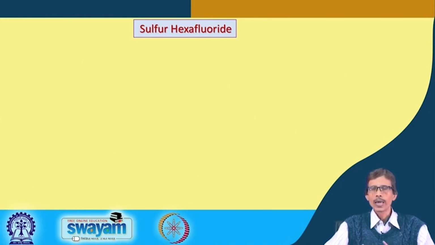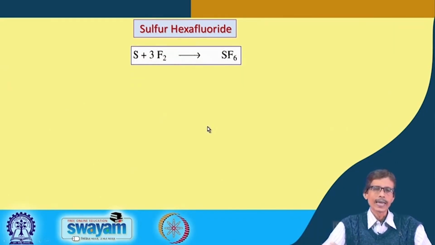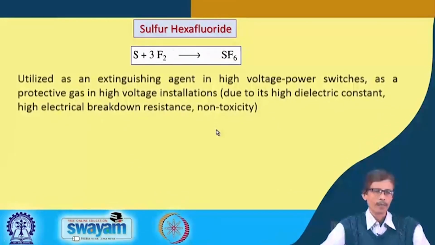It is also an important compound based on sulfur, but we are discussing it as a useful hexafluoride compound. So, here SF6. SF6 can be obtained directly from the elemental reaction between elemental sulfur and fluorine, giving you the sulfur hexafluoride compound in your hand.